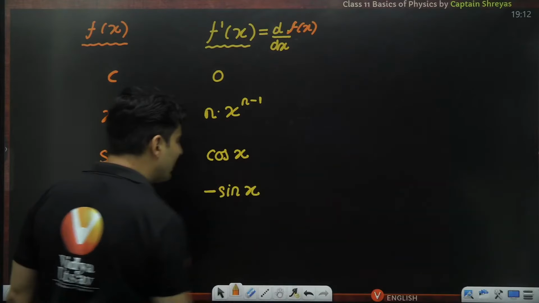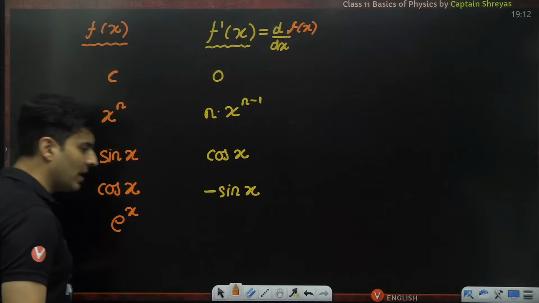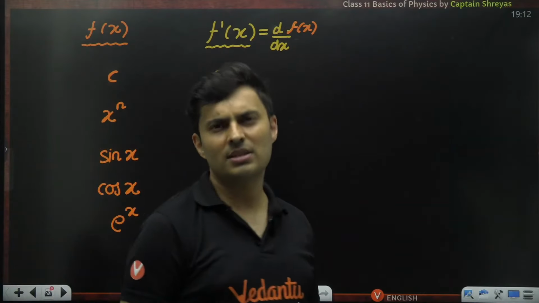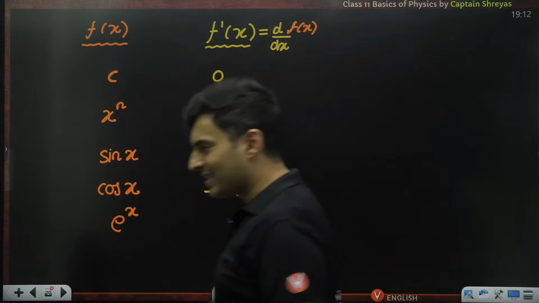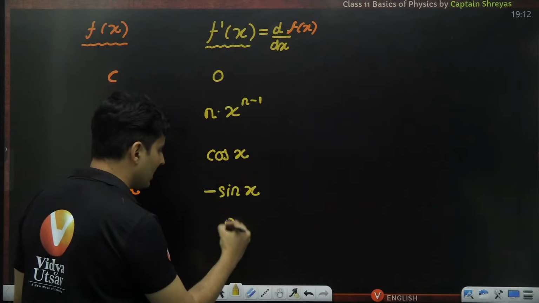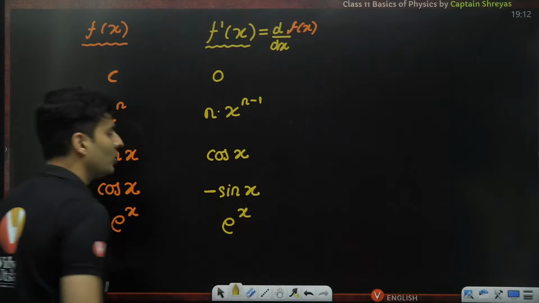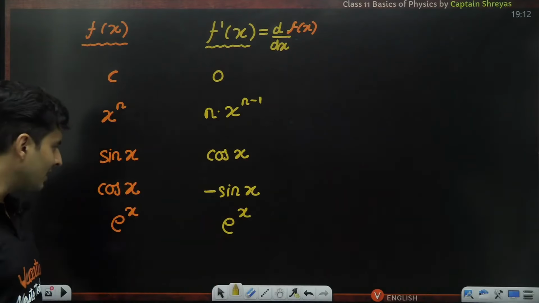There is one unique function which is called e raised to x. This is your exponent, Euler number, Euler constant, approximately 2.7. So the derivative of e raised to x is e raised to x only.